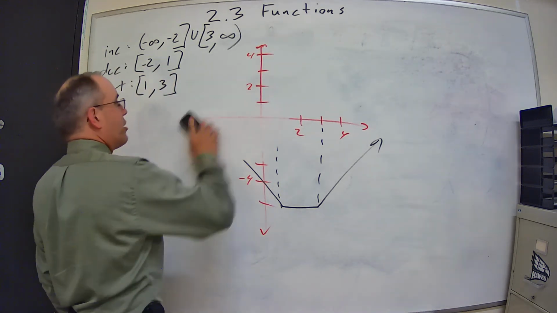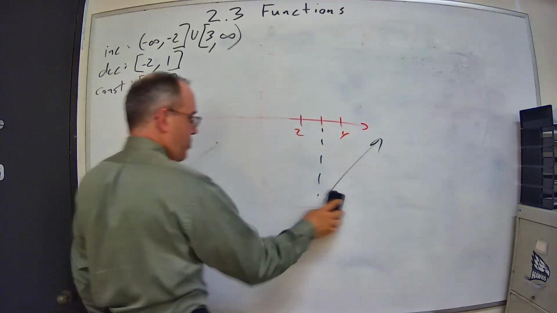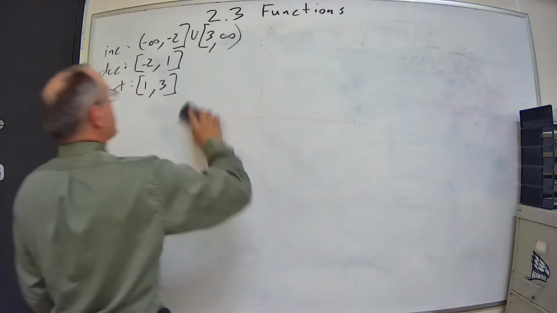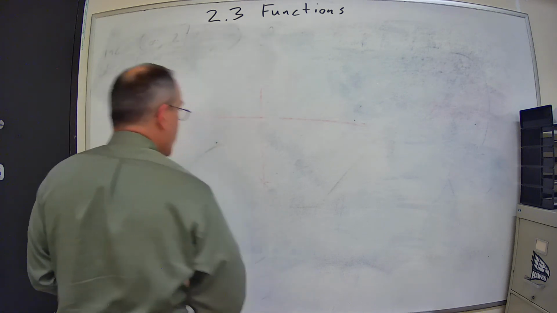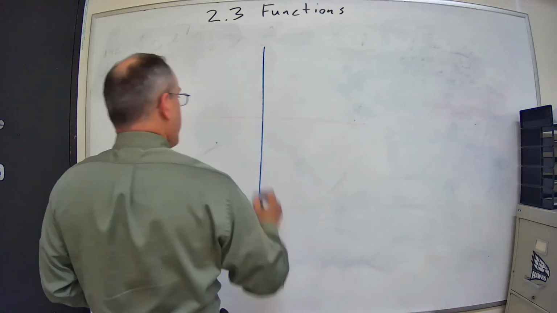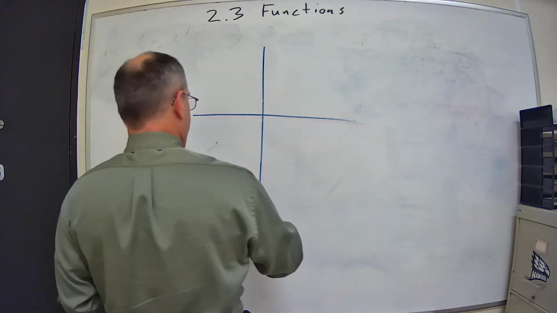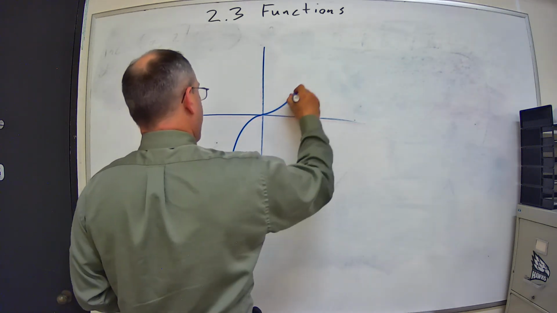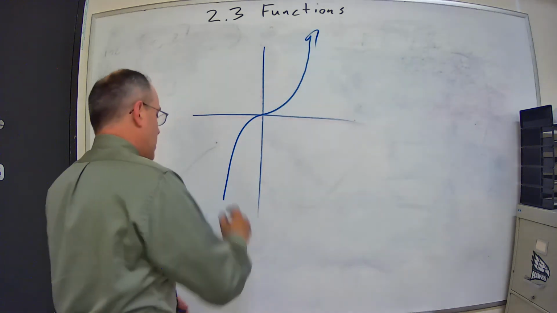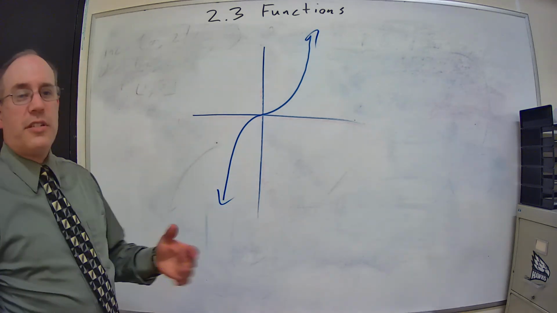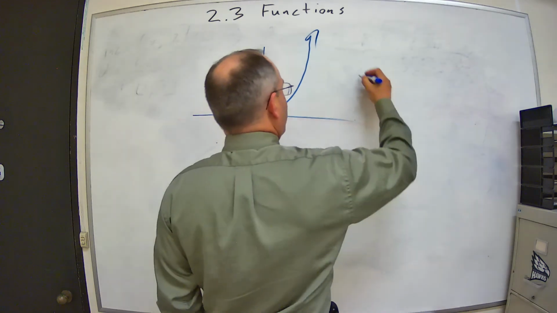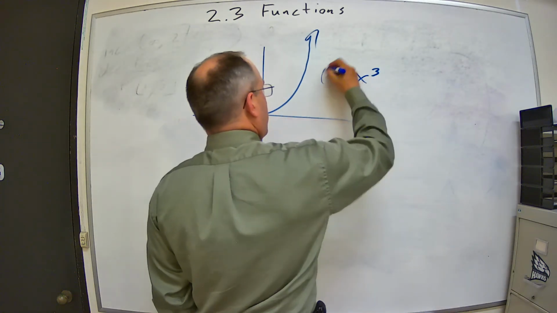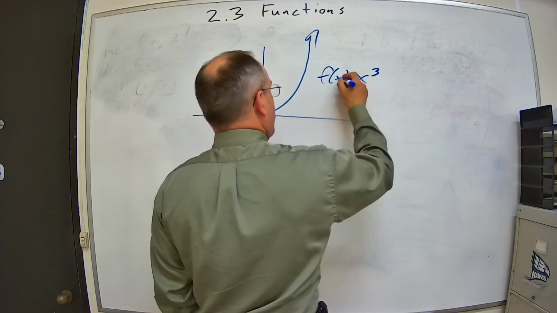Another example I want to show you with this, because this is where people are even more likely to make that mistake, is something like this. This is a very poorly drawn derivative of the function f of x equals x cubed.